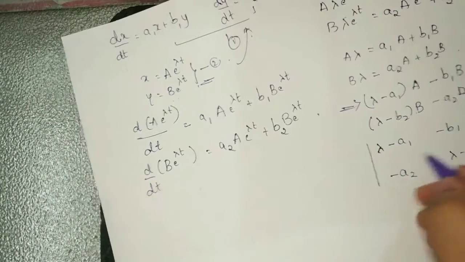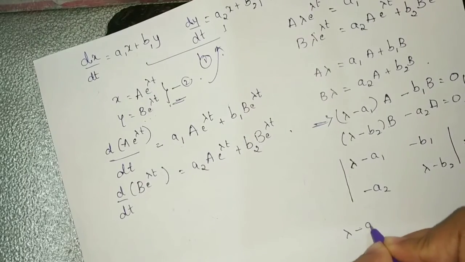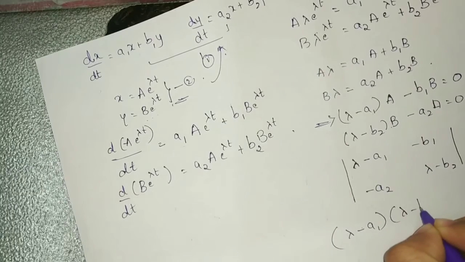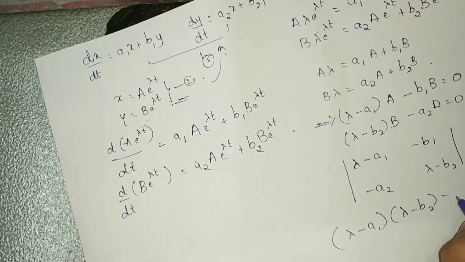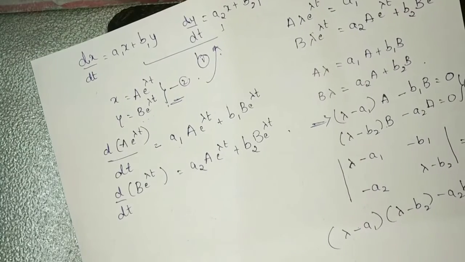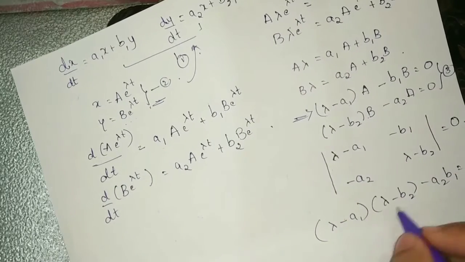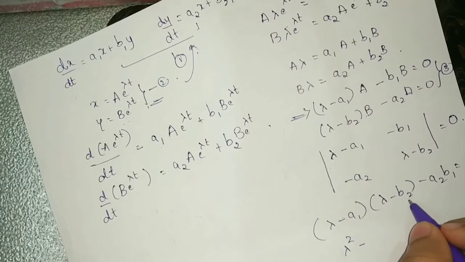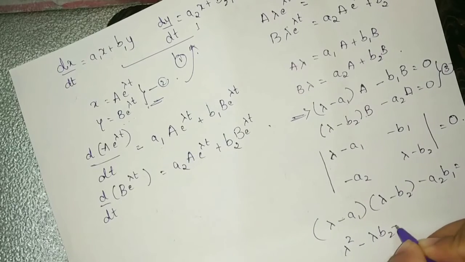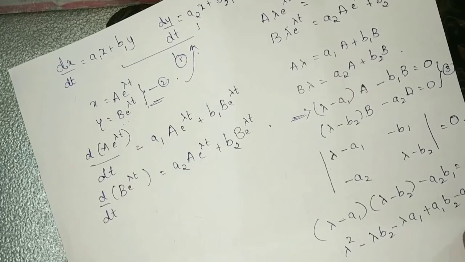So, by solving this cross multiplication, lambda minus a1 into lambda minus b2 minus a2 into minus b1 equal to 0, which will be lambda into lambda, lambda square minus lambda into b2 minus lambda into a1 plus a1 b2 minus a2 b1 equal to 0.